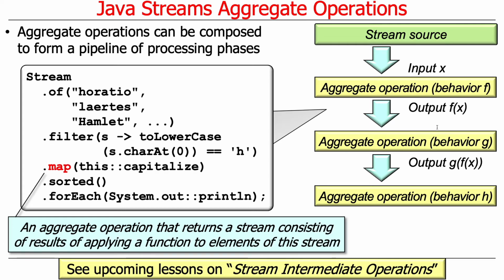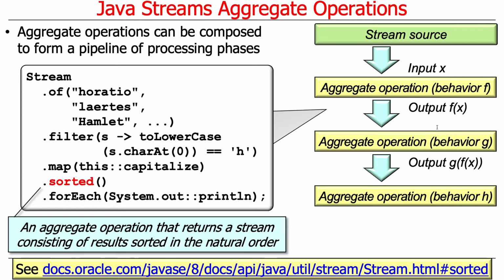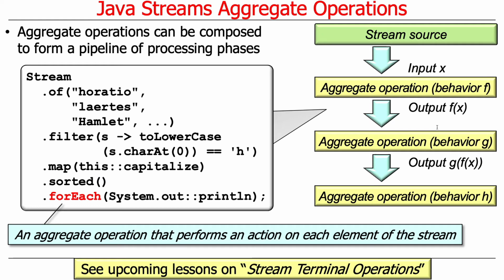We then chain that together with the map operation, which will return a stream that consistently capitalizes the characters in the stream elements so that they're consistent. Then we chain that together in a fluent way with the sorted aggregate operation that orders the elements in the stream. And then finally, that is given to the for each terminal operation, which is an aggregate operation that performs an action on each element.